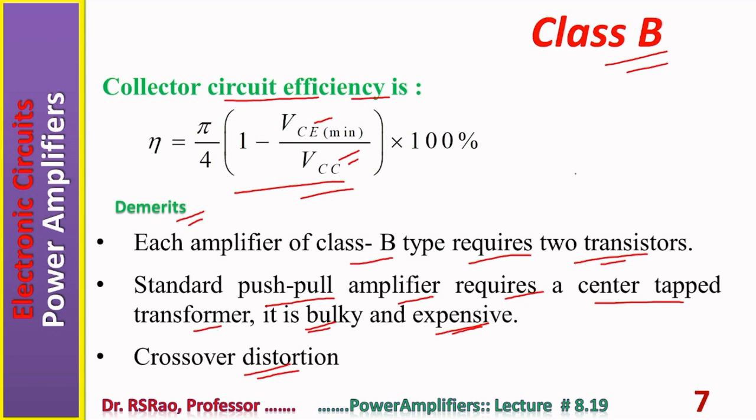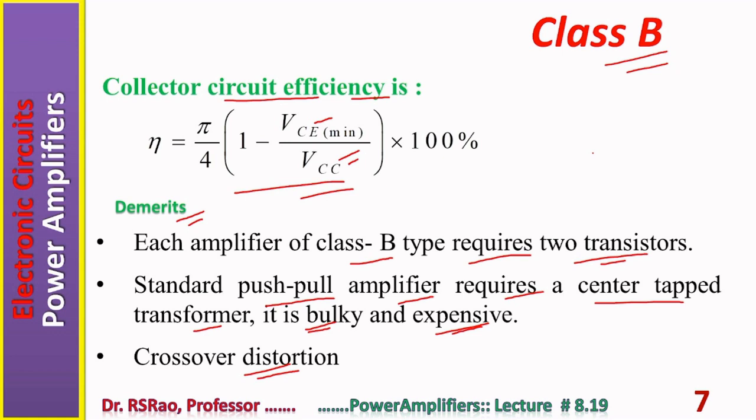What is this crossover distortion? In class B operation, one transistor should start conducting immediately after the other transistor moves into a non-conducting state.